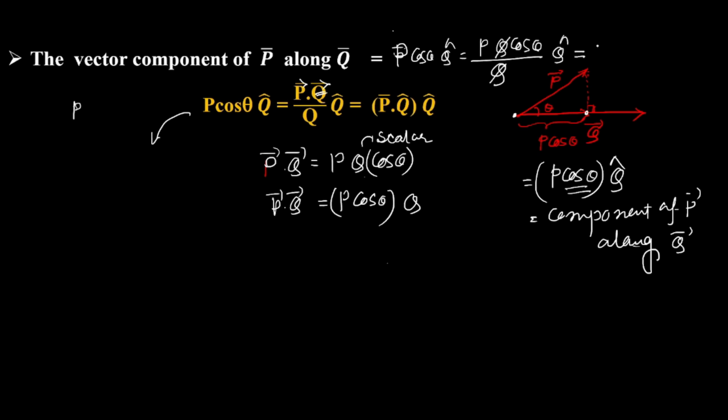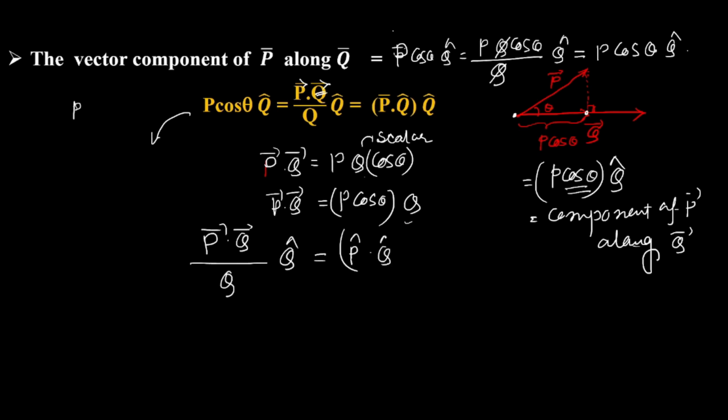So this will give you P cos theta into Q cap, right? So P cos theta Q cap can be written like this: the dot product of both vectors divided by the Q vector magnitude, into Q cap, will give you P dot Q cap.